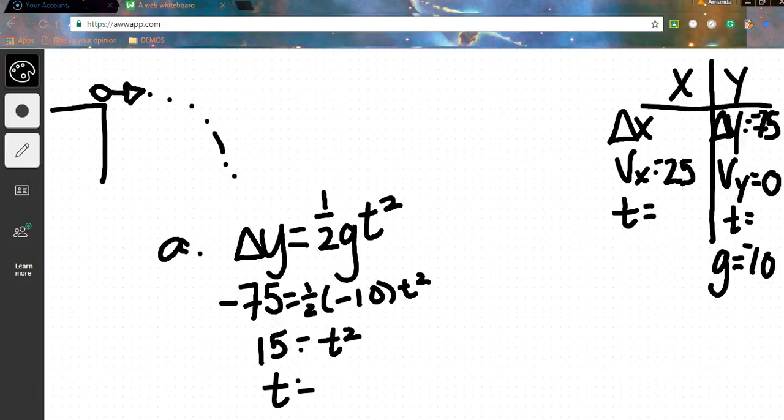So the time it takes is going to be the square root of 15, which is 3.87. So it's going to take 3.87 seconds for this projectile to hit the ground. That's going to be 3.87 on both sides of the table.